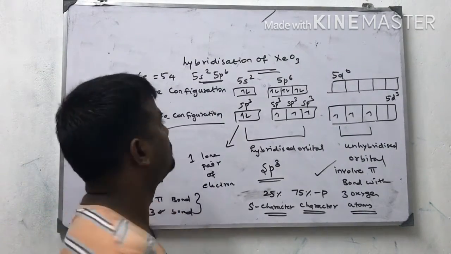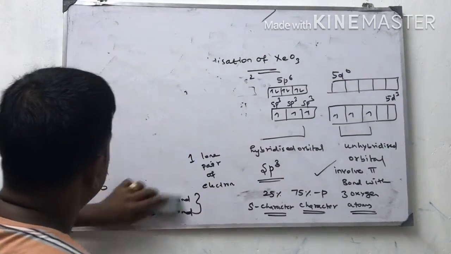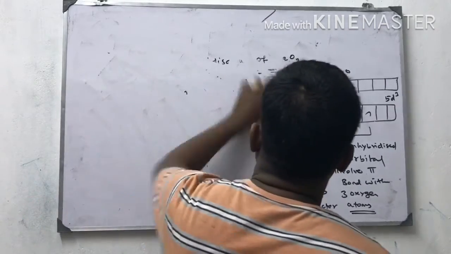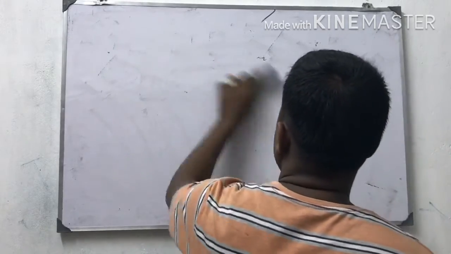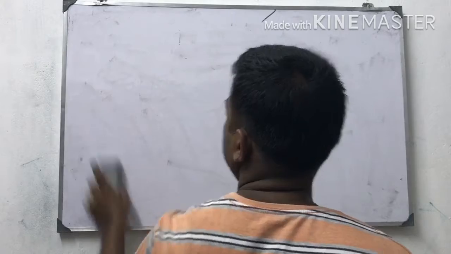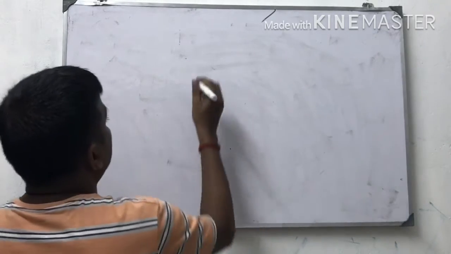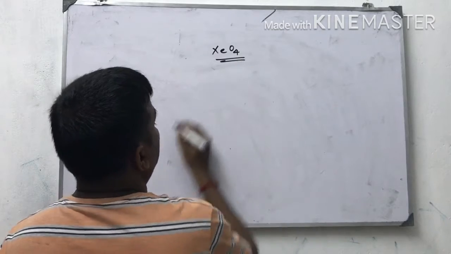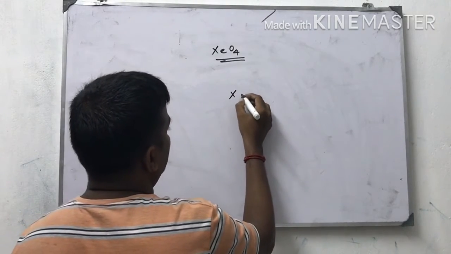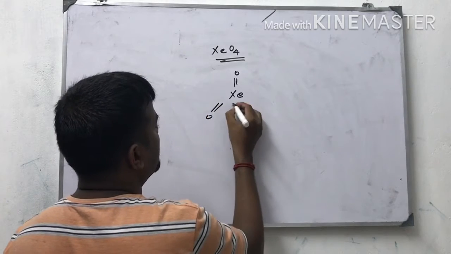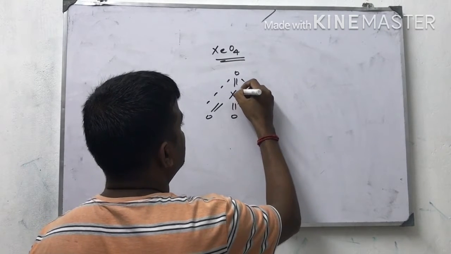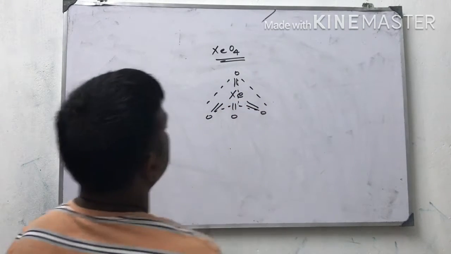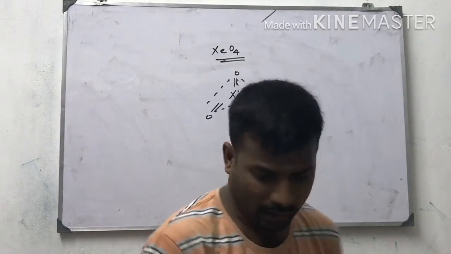Next we are going to discuss xenon tetraoxide. Xenon tetraoxide is tetrahedral in shape. It's the same type of model I have already explained.